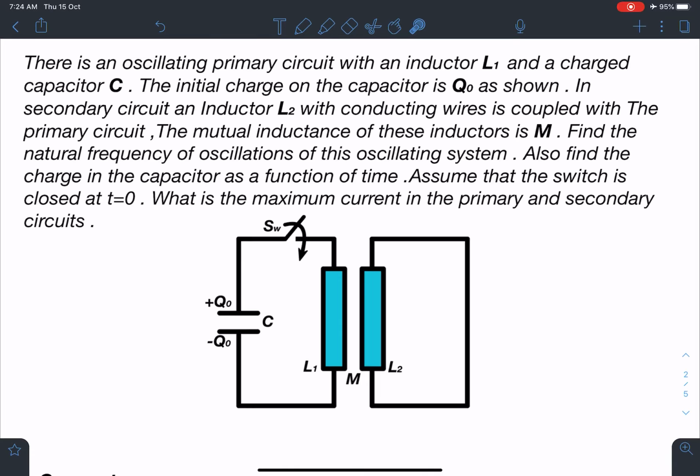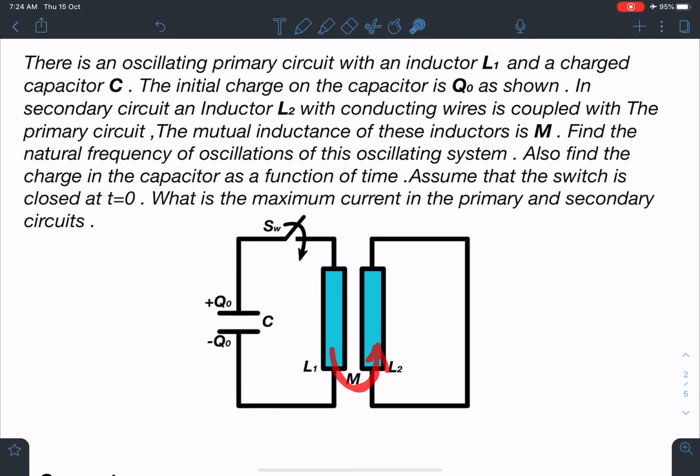So at t equal to 0, this switch is closed. So what exactly is going to happen? The charge on this capacitor is going to decrease. Some charges will be flowing through the circuit, and current will start flowing in this. As current increases in this primary circuit, this inductor will give some response to that increasing current, and because of this inductor, some magnetic field lines will be associated with this loop, this inductor, as well.